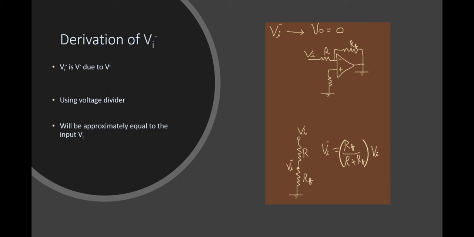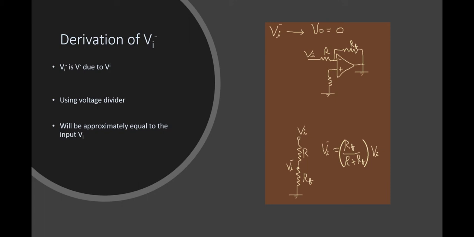So as the inverting input of the op amp is effectively an open circuit, and the same goes for the non-inverting input as well, because we know that the input impedance of op amp is very high. It's in order of mega ohms, so we can consider these inputs to be open circuit.